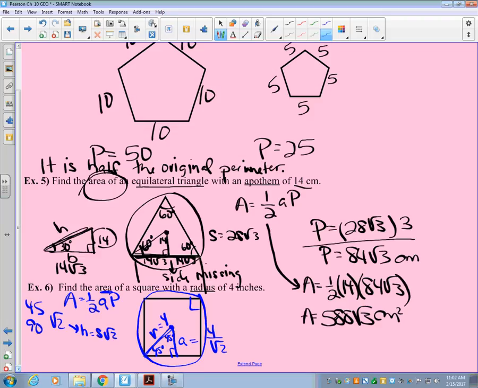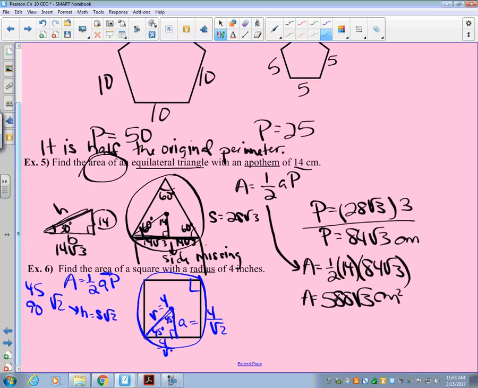But the cool thing is, this guy over here is also 4 over √2. So what is the side if this is 4 over √2? What is that doubled? 8 over, it's still √2?